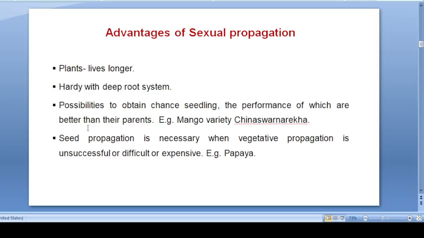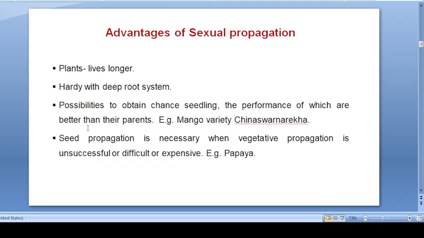Say for example, mango. In mango we can see some varieties like Dasheri, especially the North Indian variety, the variety which is ruling in North India. It also has popularity, and that was identified through chance seedling, or we can say it originated through chance seedling.